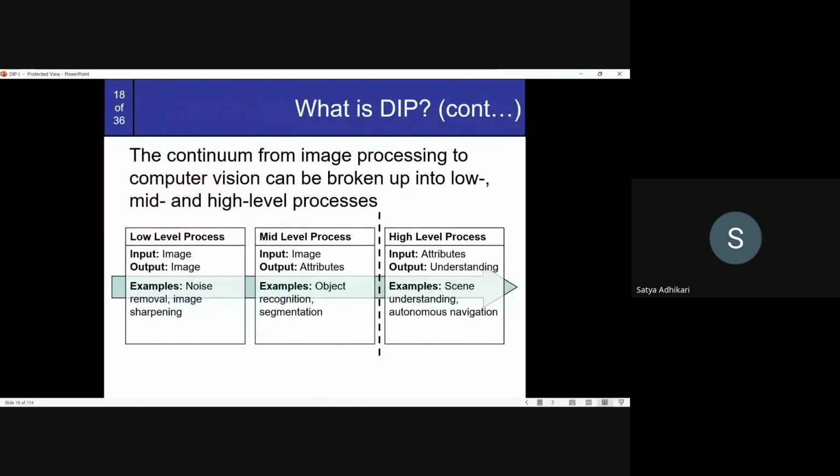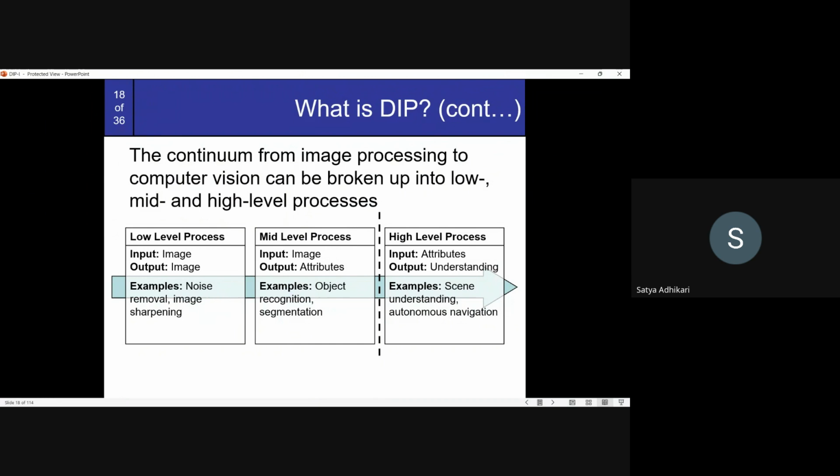You see here, there are low level, middle level, and high level processing. In low level, the input is an image, the output is an image, and examples are noise removal or image sharpening.